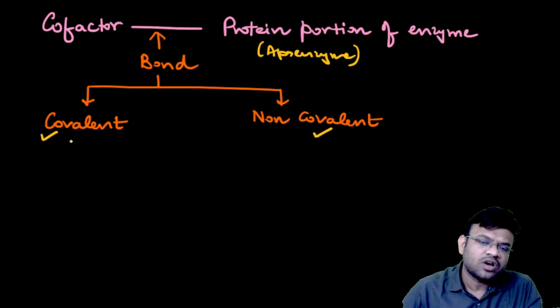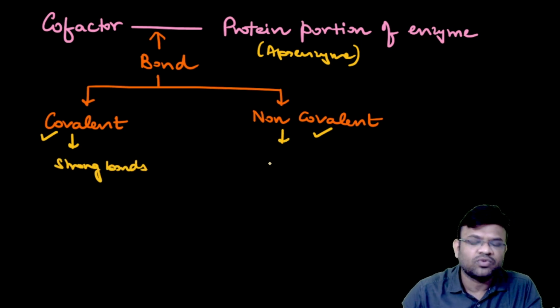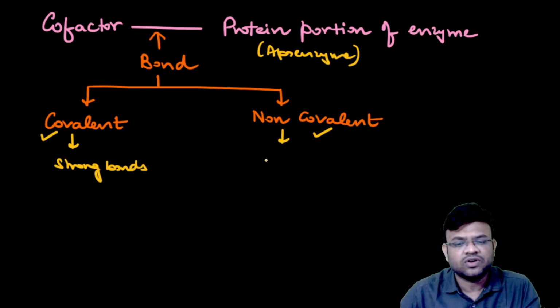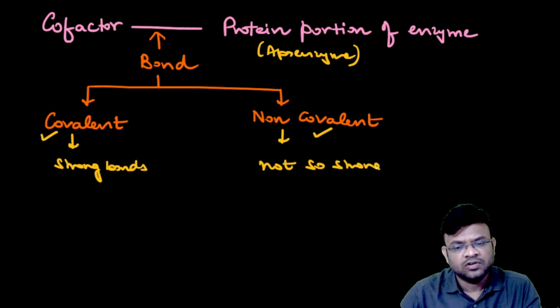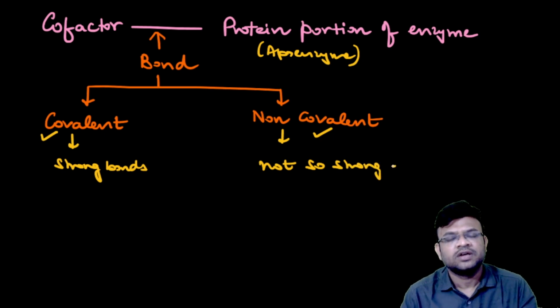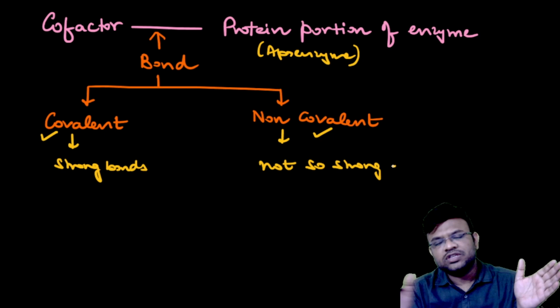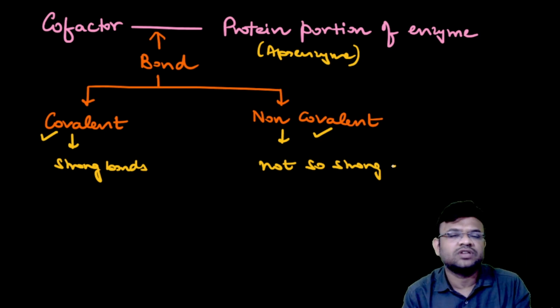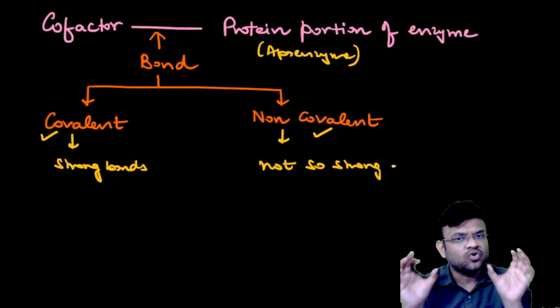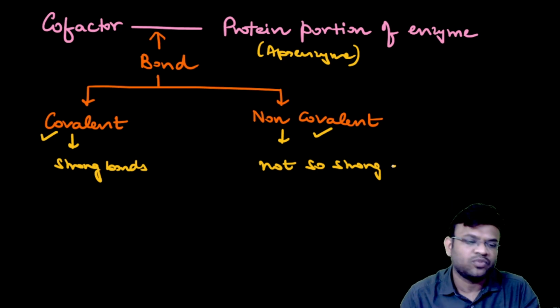Covalent bonds are strong bonds. But non-covalent bonds are not so strong. They can be said to be weak bonds. So now we are dividing it on the basis of the type of bond through which the cofactor is attached to the apoenzyme.